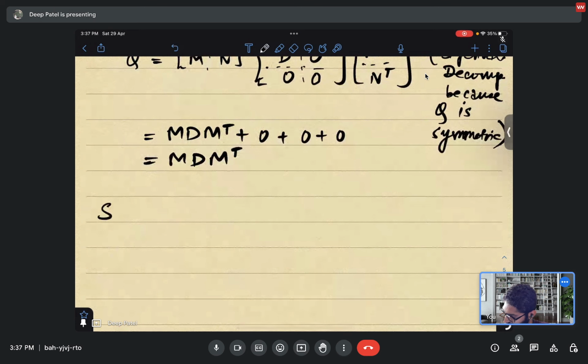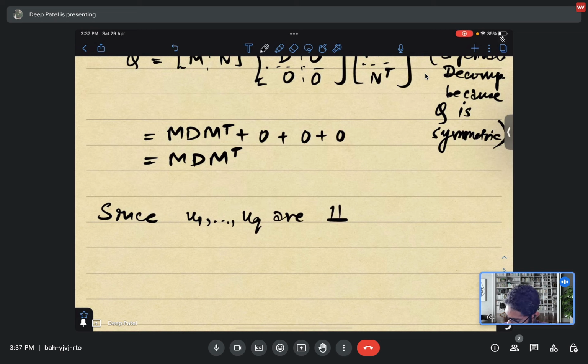Right, and note that u1 to uq are orthogonal to the null space vectors.